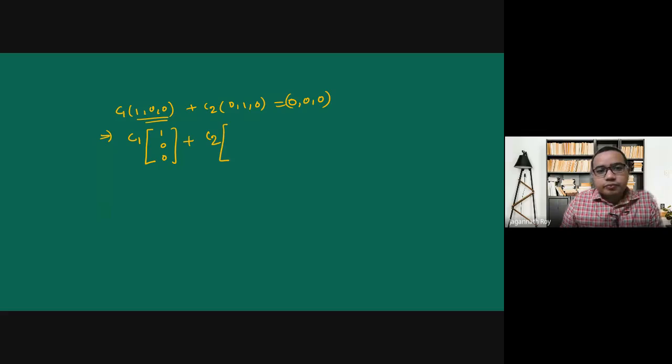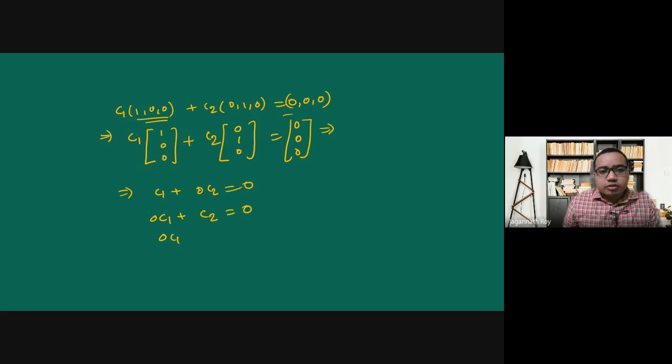From this, we get C1 plus 0 C2 equals 0, then 0 C1 plus C2 equals 0, and 0 C1 plus 0 C2 equals 0.